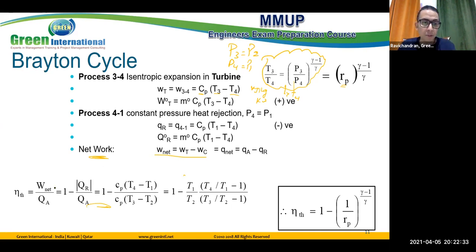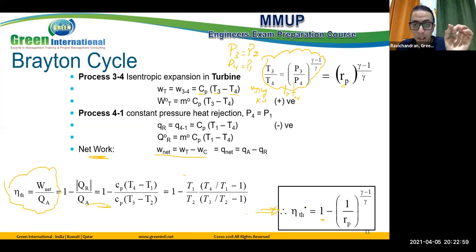For efficiency, after you substitute in the equation of efficiency and substitute the temperature differences and so on, you get one of the best equations for efficiency ever. Very important, it comes a lot. Efficiency for Brayton is equal to 1 minus 1 over RP to the power gamma minus 1 over gamma. What does this mean?